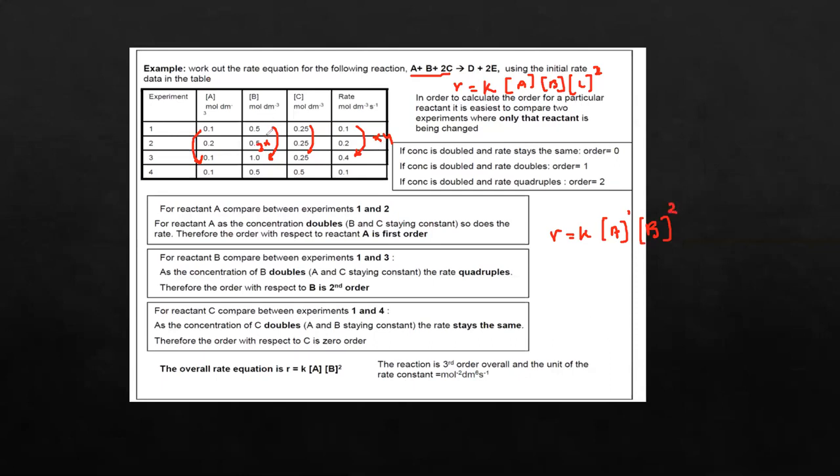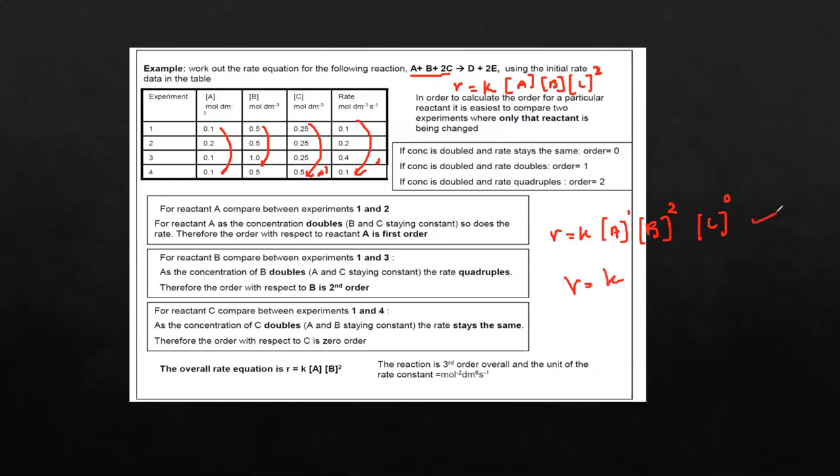And what about C? For C, we will compare experiment 1 with 4, because there is no change in A and no change in B. So C is multiplied by 2, but the rate does not change. So it is zero order with respect to C. So C raised to power 0, and anything raised to power 0 is 1. So you can write rate is equal to k, A, B squared.